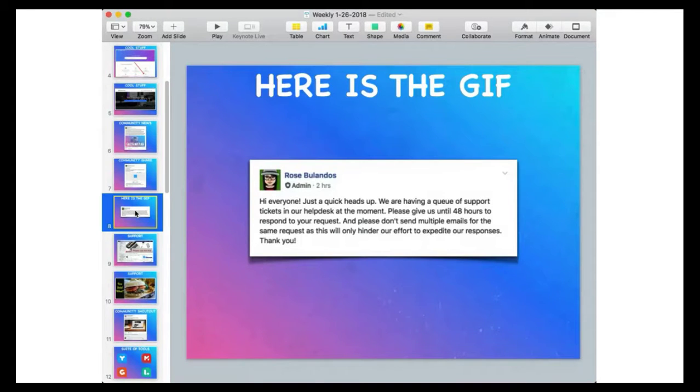Heads up about support. We're having a large queue of support tickets at the help desk at the moment. If you send multiple tickets, it makes it more difficult to get any of them answered. I see this a lot in the group. Support tickets don't function like email does.